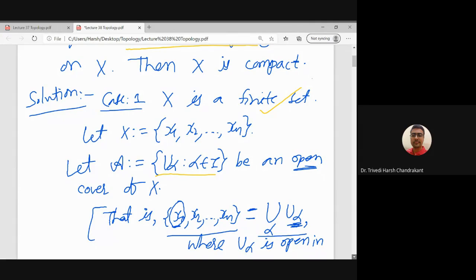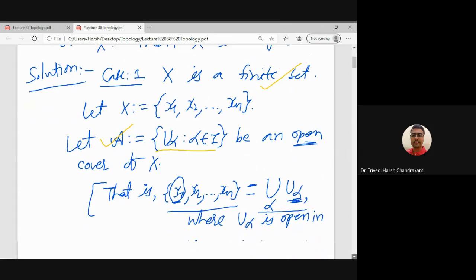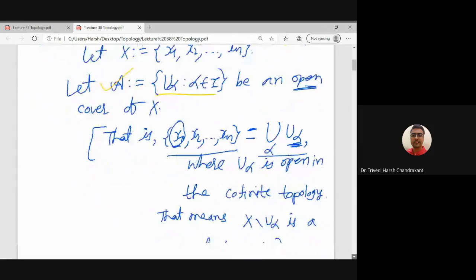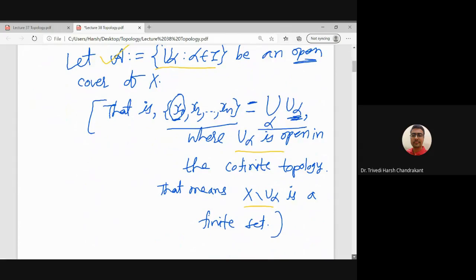So let us start with an arbitrary open cover of capital X, and on X we have cofinite topology. So that will give us U alpha is open. That means X minus U alpha is a finite set. Right? X minus U alpha is either a finite set or it is whole of X. So there are two conditions.